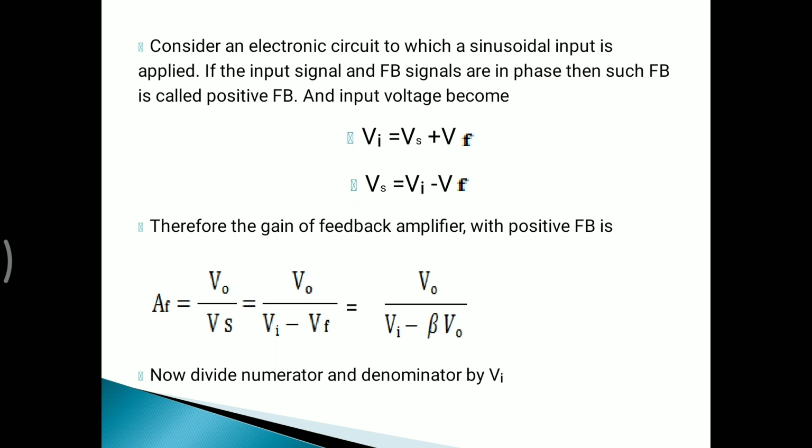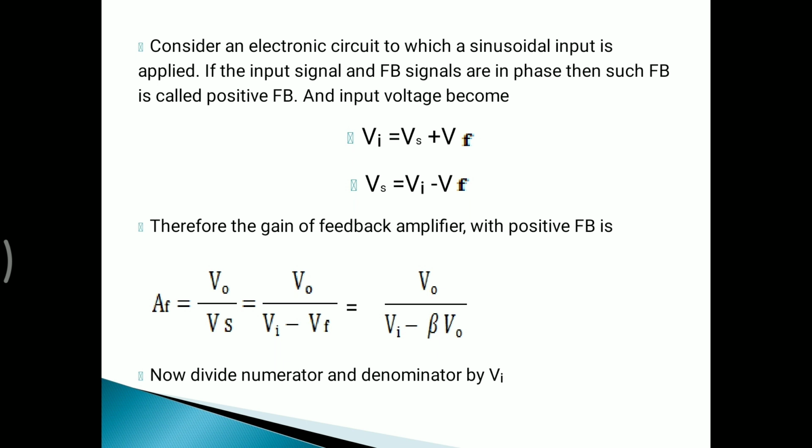Then modified, the equation becomes Vs equals Vi minus Vf, meaning input voltage minus feedback voltage.